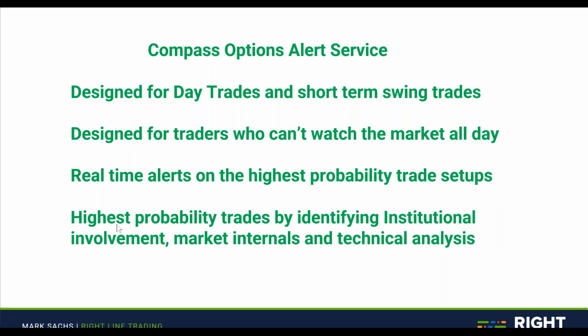And again, how do we find these high probability trades? Well, we identify institutional involvement. I've said several times now, we're looking for when the institutions are trading, when they're long the stock, when they're short the stock, or even more important, when the institutions aren't in a trade. When the institutions are not in a trade, we don't want to be in the trade. We only take them when the institutions are in there. Then we also look at the market internals, which basically show us the number of stocks going up on upticks and up volume versus stocks going down on downticks and down volume.